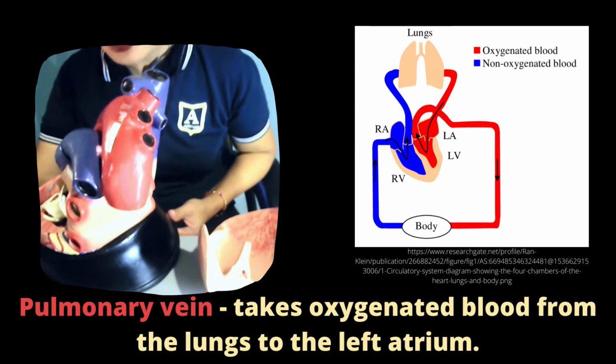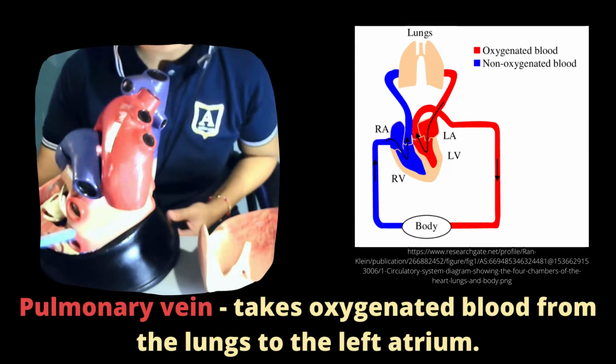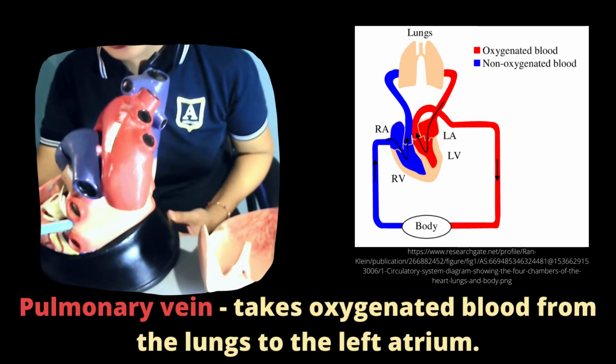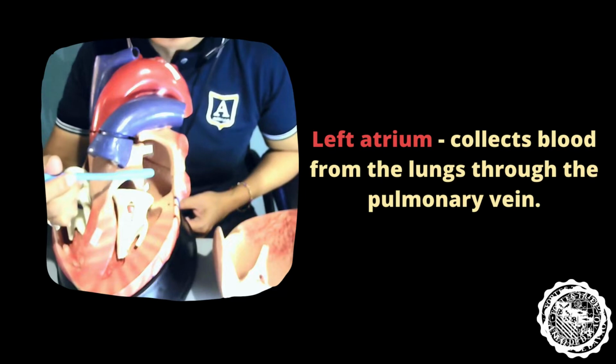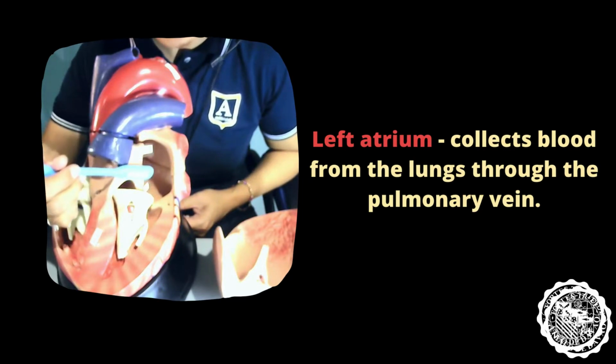From the lungs, the oxygenated blood will now enter here, the pulmonary vein, red in color because it is already oxygenated or oxygen-rich blood. The left atrium collects oxygenated blood from the lungs through the pulmonary vein, and gets back inside the heart.